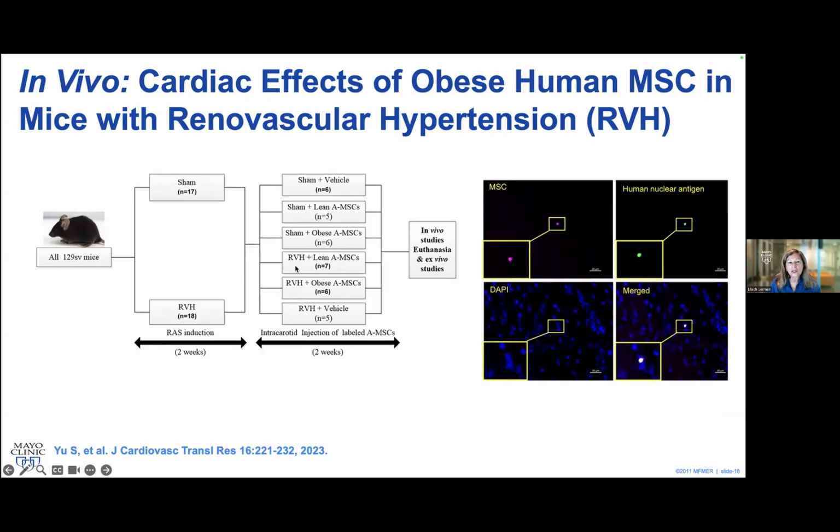And this induces a cardiovascular injury, it induces hypertrophy of the heart and other forms of injury. In these mice, we infused either lean MSCs or obese MSCs. You can see here the MSCs were detected in the myocardium, suggesting that indeed they reach the myocardium because we infused them into the carotid artery.